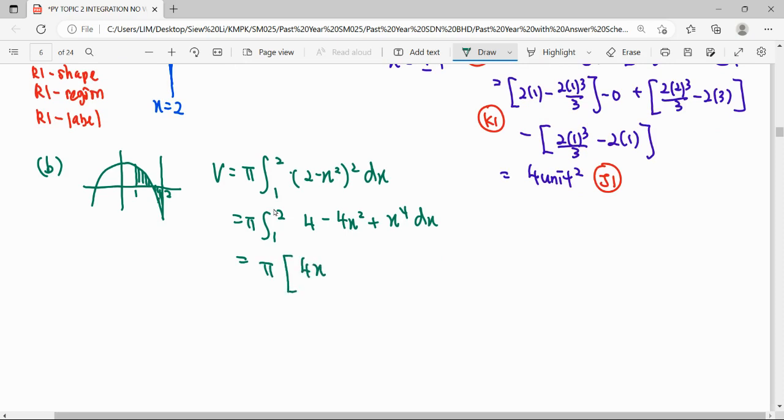Integrate the constant, we get x. For the powers, power plus 1 over new power. Then we perform the working of upper limit minus lower limit.